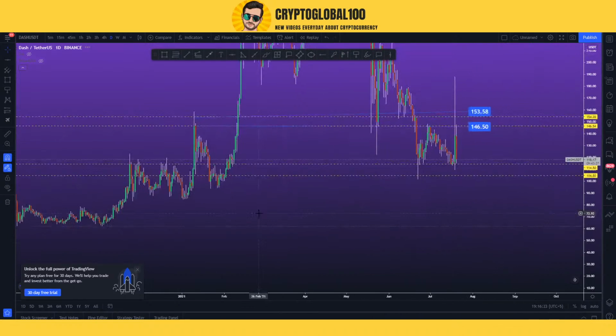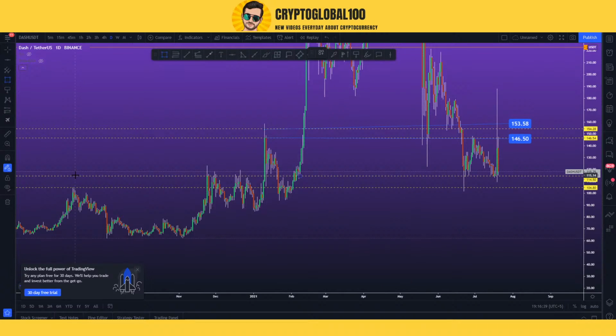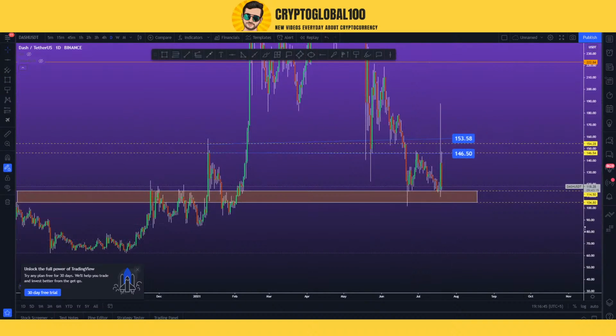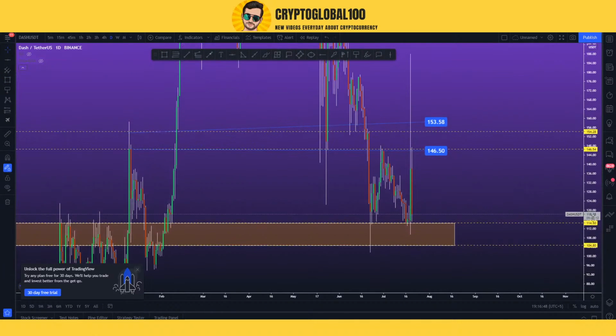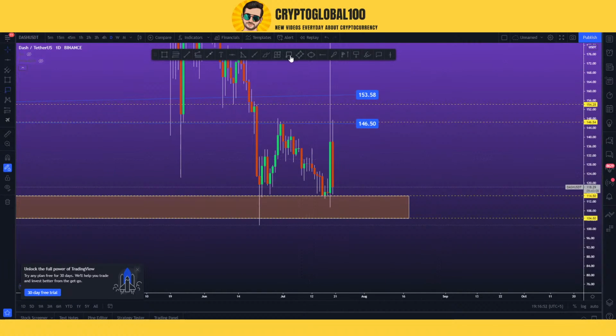Okay, so Dash coin here, this is the support zone. So what I'm gonna do is I'm gonna draw a rectangle here. Now 104 to 114 is the support level for the Dash coin.